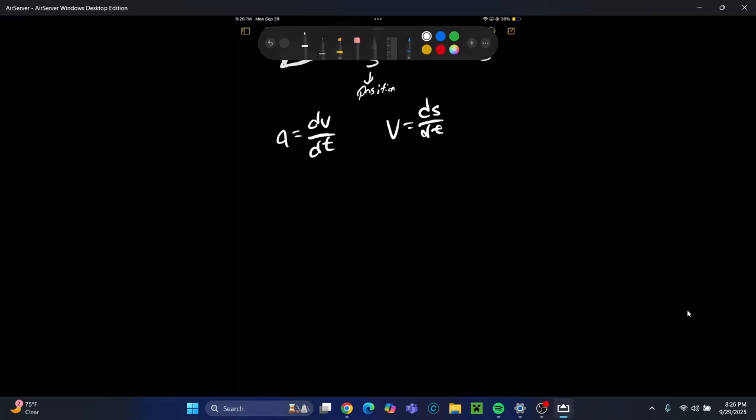Anyway, we'll take this equation here. We want to get rid of dt, and that's easier said than done, but it's not hard, and we'll see why. So we'll write a equals, and we want these two to separate.